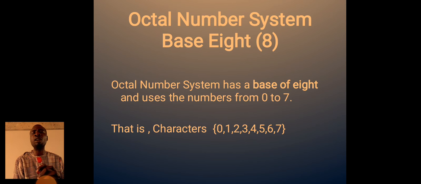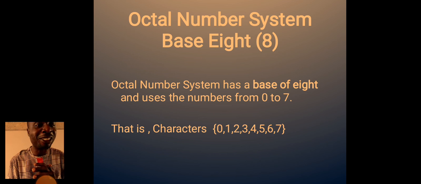Now let's go to the octal number system, that is base 8. Unlike base 10, the octal is made up of digits between 0 and 7. That is 0, 1, 2, 3, 4, 5, 6, 7. We don't count the 8th one. Some of us don't even know that 0 is a digit.